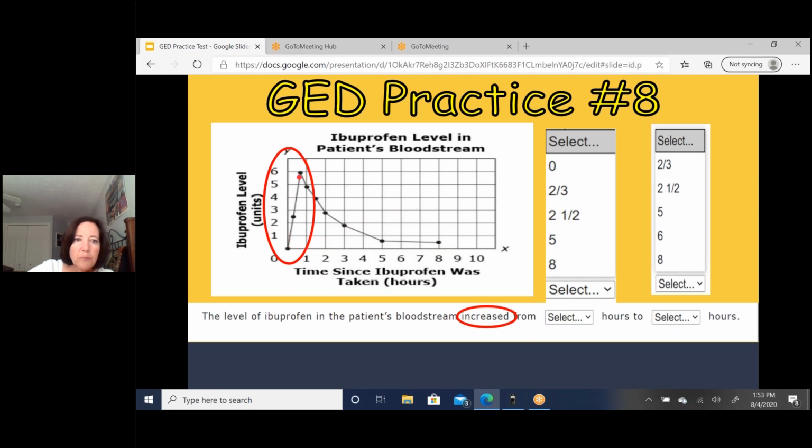And it goes up, up, up, up. It hits its peak. We haven't even made it to 1 hour. It is less than 1 hour when it stopped increasing. Fortunately, we look over at our answer choices, and we have an option of 2/3 of an hour. So it increased from 0 hours to 2/3 hours.